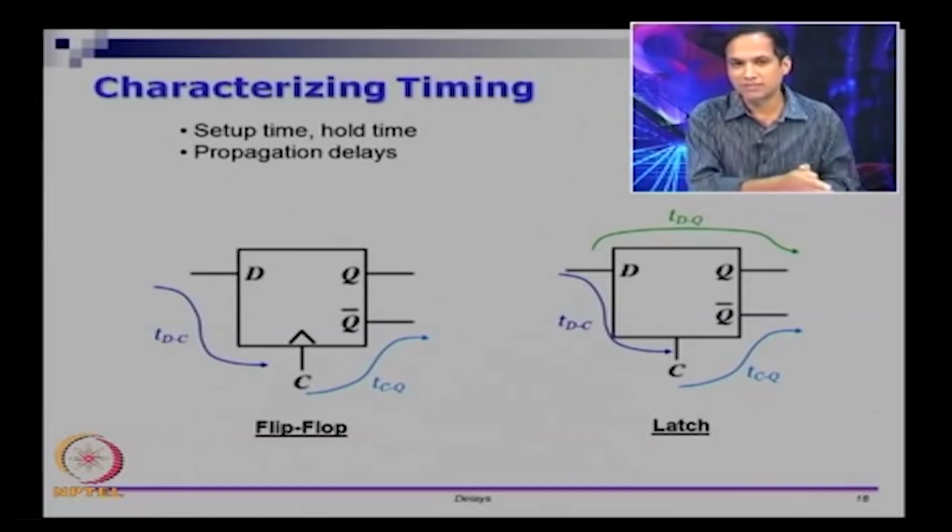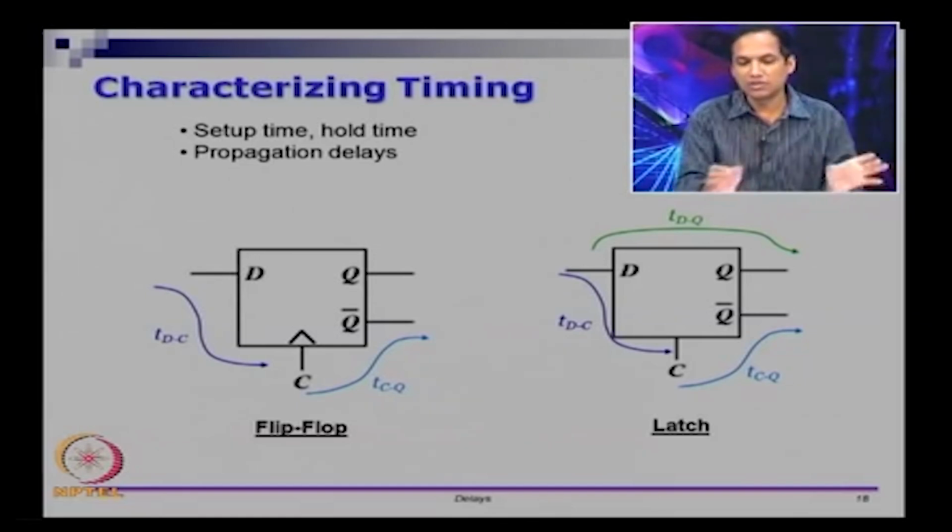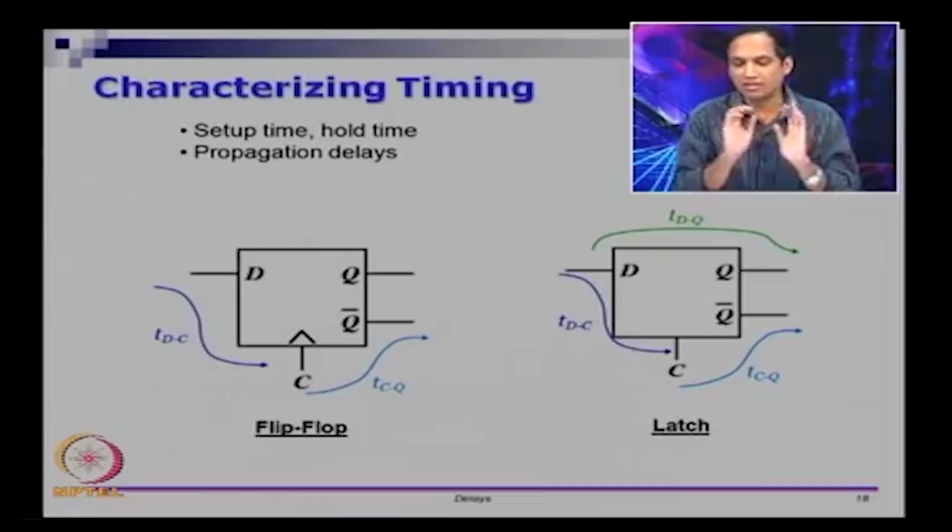In all the waveforms that I have shown, setup time is not measured with respect to one data input or the other. It is a requirement that for a certain period of time before the clock arrives, the input has to be kept constant, and for a certain period of time after the clock arrives, the input has to be kept constant. So, this brings me to the end of this module.